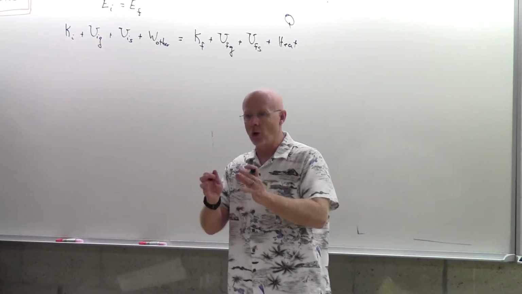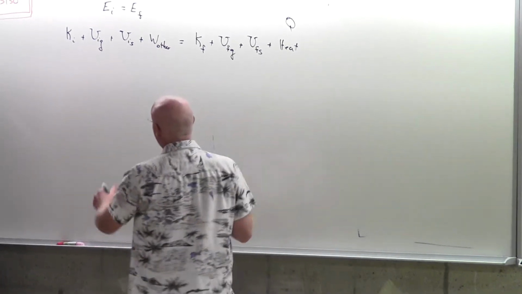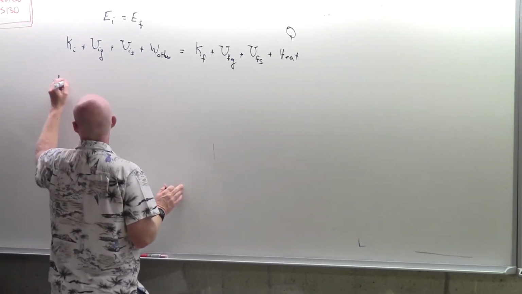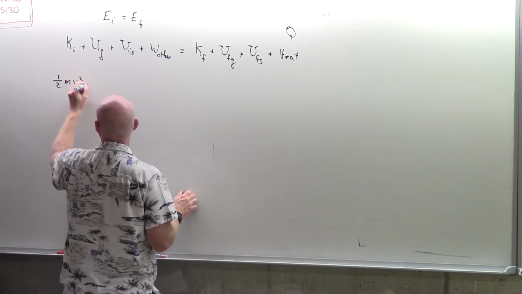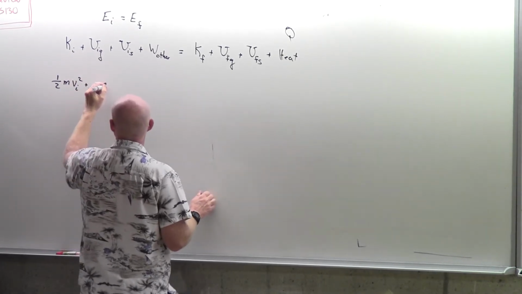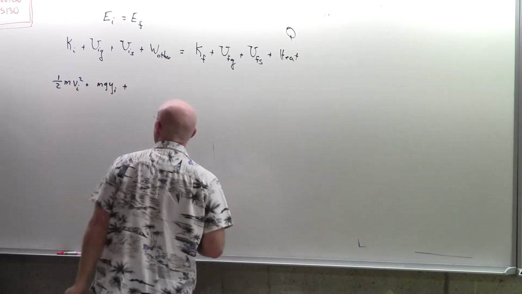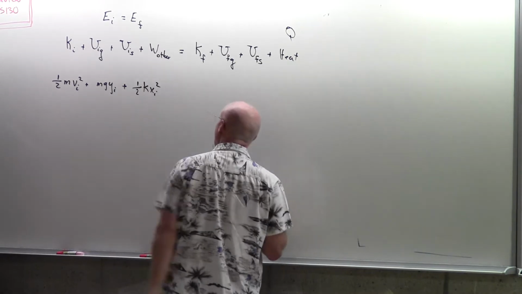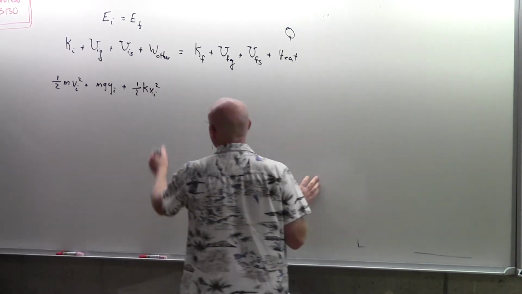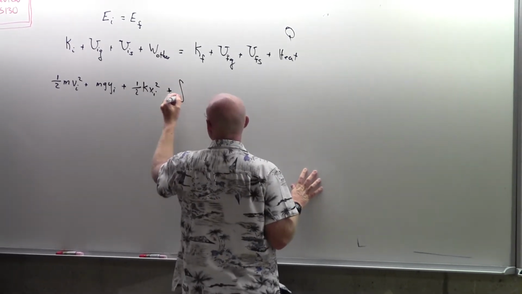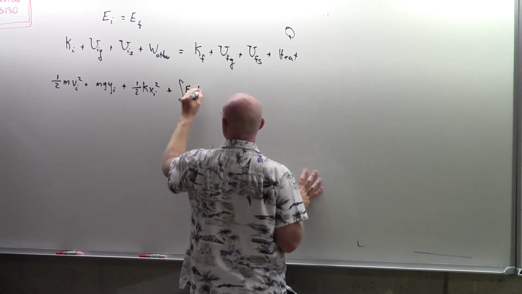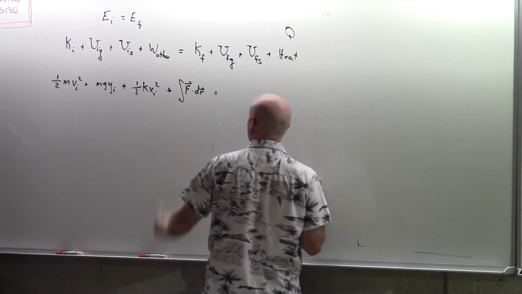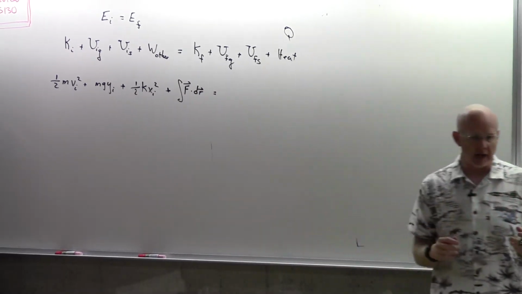You saw me write this more in its spread out form, that this initial kinetic energy is 1/2 mv initial squared. The initial gravitational potential energy is mgy. The initial spring is 1/2 kx squared. And of course, the work is some integral of whatever this additional outside force, separate from springs and gravity and friction, are all about.